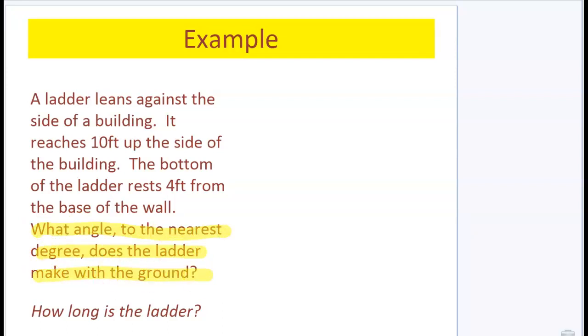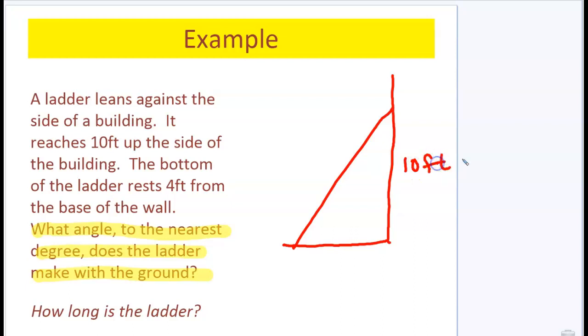So we want to draw our diagram. So there's the ground, there's our wall, and here's our ladder. And it says that the ladder reaches 10 feet up the side of the wall, so that's 10 feet. And it says the bottom of the ladder rests 4 feet from the base of the wall, and the angle of incline is going to be that angle right there.